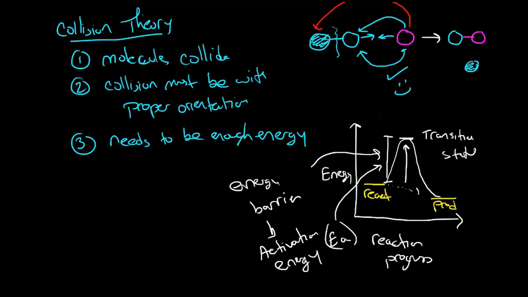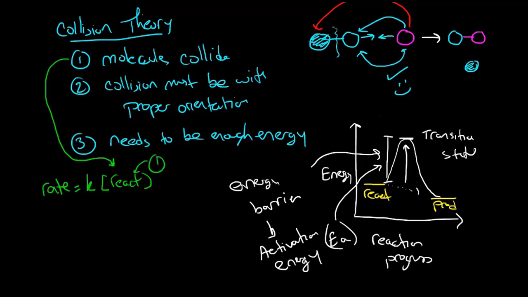So if we take this back to our rate law, we talked about how the rate equals the rate constant times the concentration of our reactants in some way. The idea that molecules have to collide is really built into the concentration of our reactants. So this part of the rate law is what the first requirement of collision theory relies on.